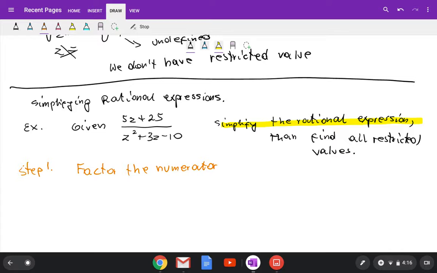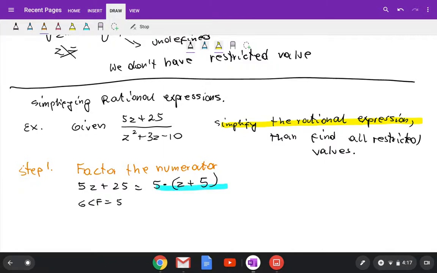So we need to rewrite the numerator in factored form. In our example, the numerator is 5z plus 25. You definitely can factor the GCF. The GCF is equal to 5. So we're factoring 5, and we end up with z plus 5.